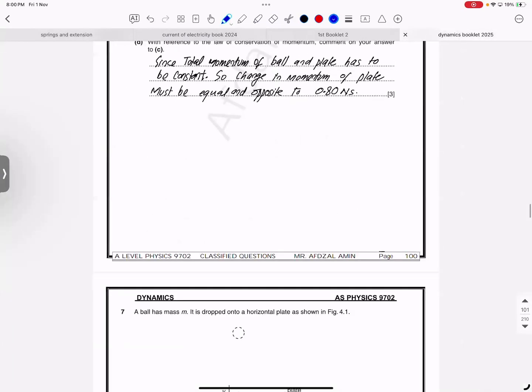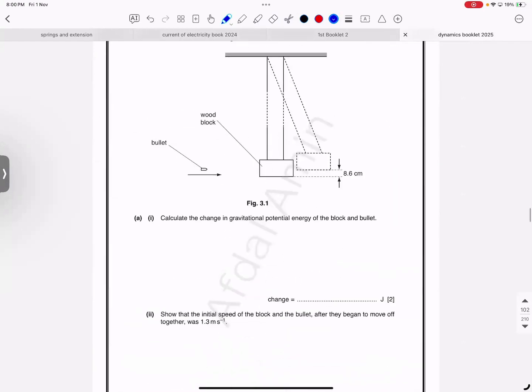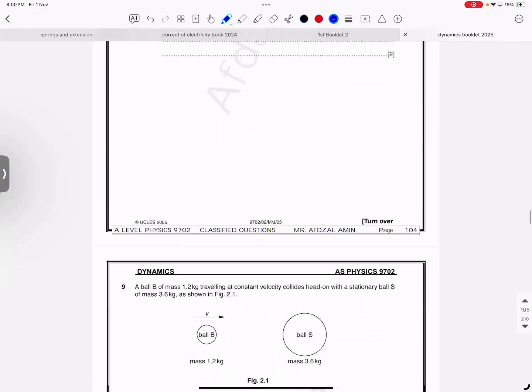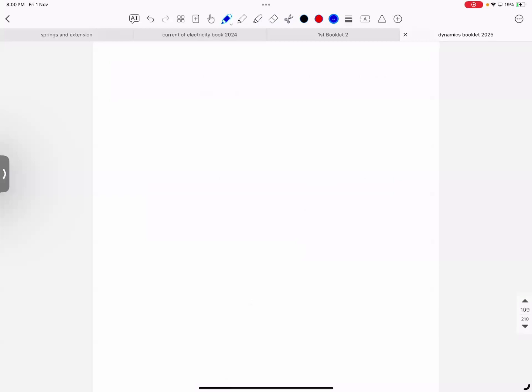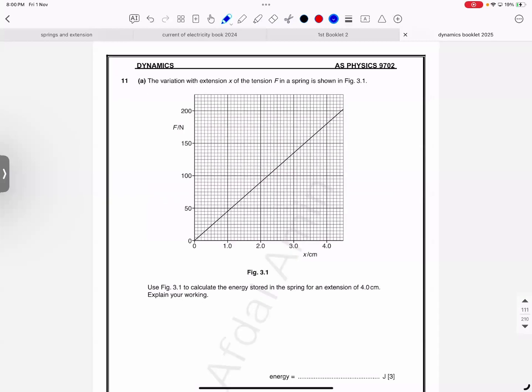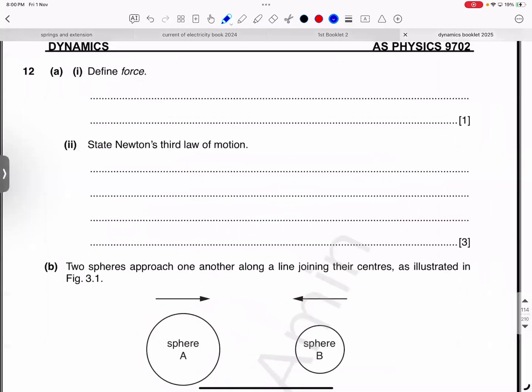Sir, we continue. Yes, a new one? We solved this. Question 10, we didn't solve this. Question number 12, we solved it.